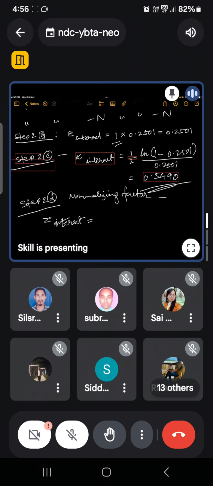So the correctly classified instance value, we are putting it here as 0.1249 into 4, as 4 instances were correct.